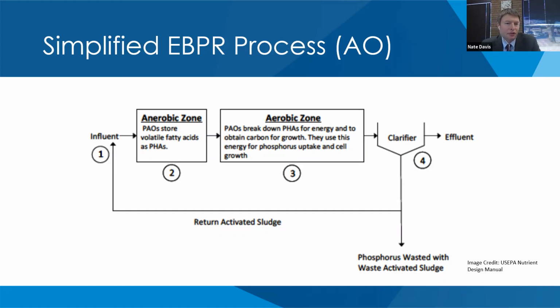This is commonly referred to as the AO process, which stands for anaerobic oxic, referring to the anaerobic zone at the head and the oxic aerated tank at the end. And like I said, the anaerobic zone gives these phosphorus accumulating organisms a competitive advantage. They release their phosphorus, and then in the aerobic zone they take it back up, and then we can settle them in the clarifiers and waste them in the activated sludge.